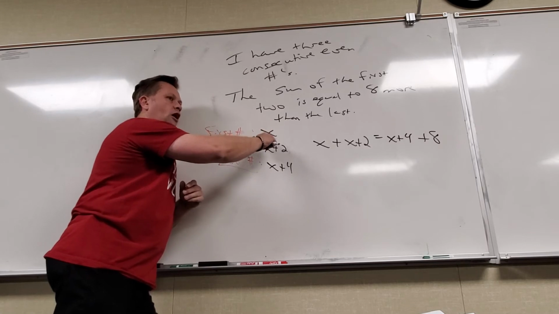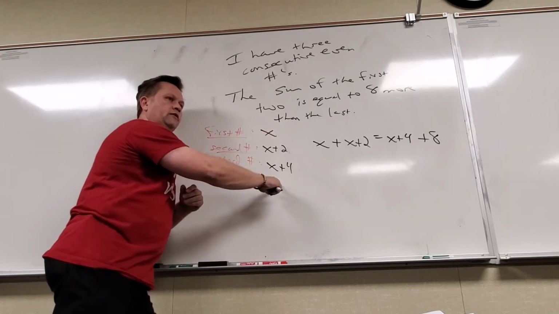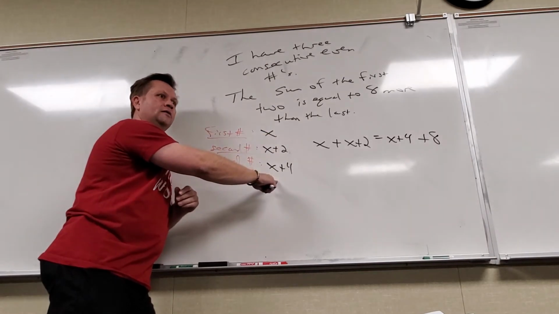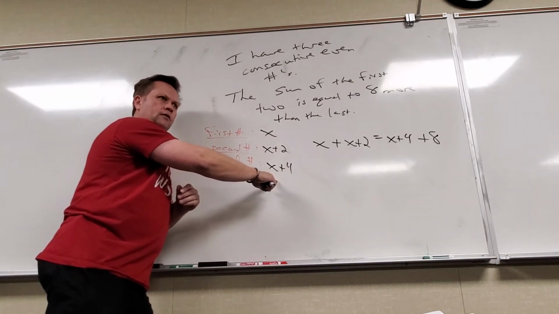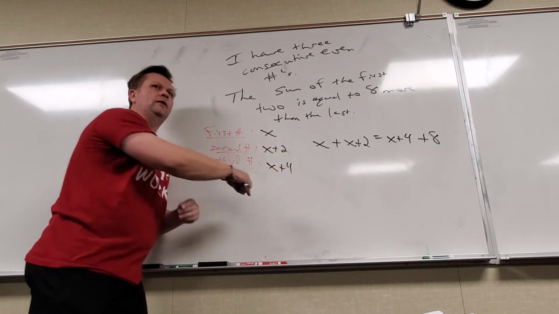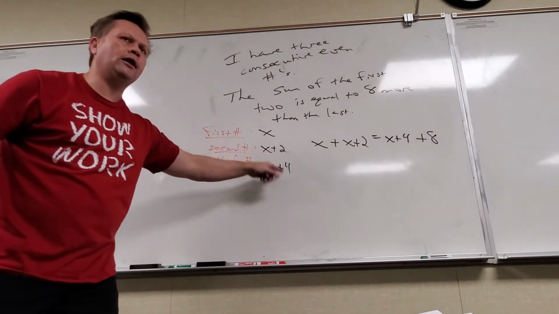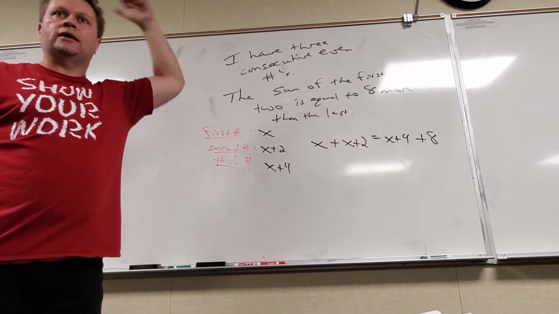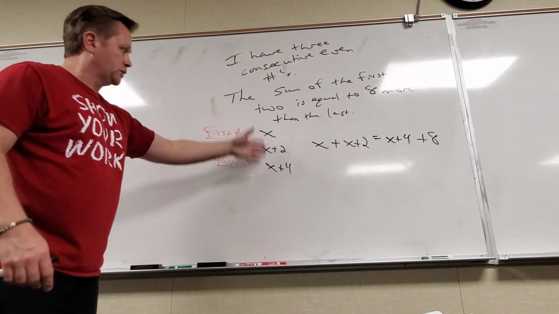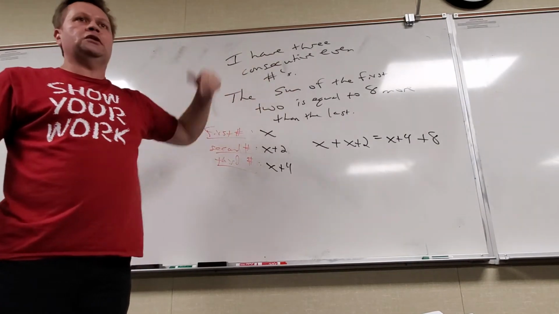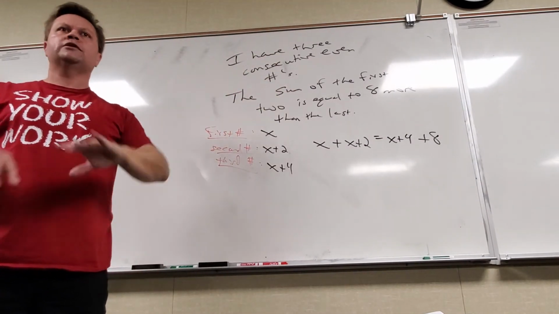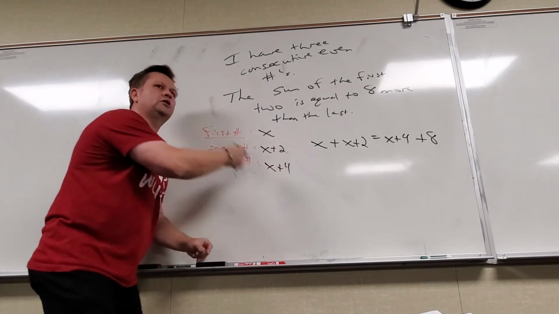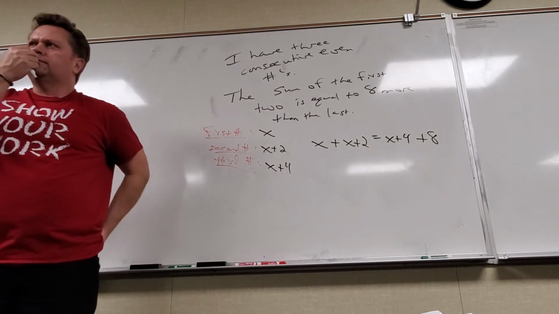Because if I start with an even number, these are all even. If I start with an odd number, these are all odd. Of course they look the same because they have the same pattern. But my answer is going to have to be an even number for this to make sense. Otherwise I'd get a whole bunch of odd numbers when it said even. So there's a distinction between the pattern between things and what they are.